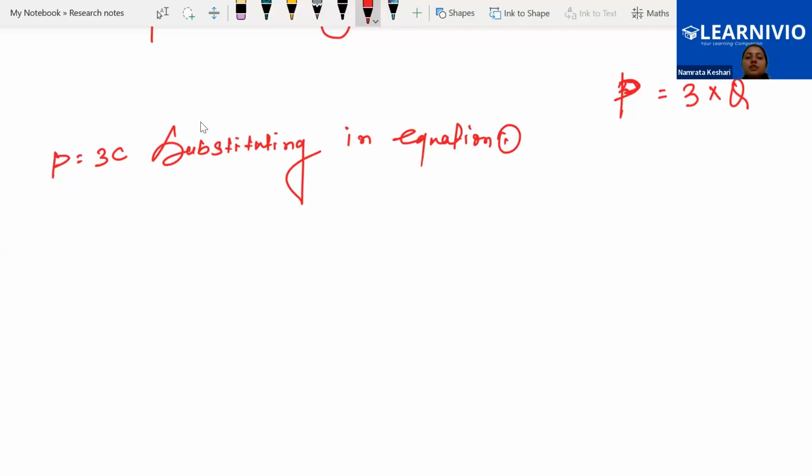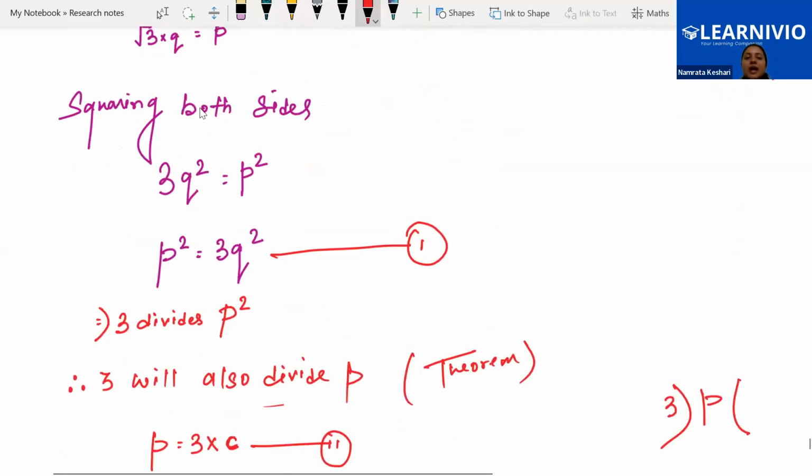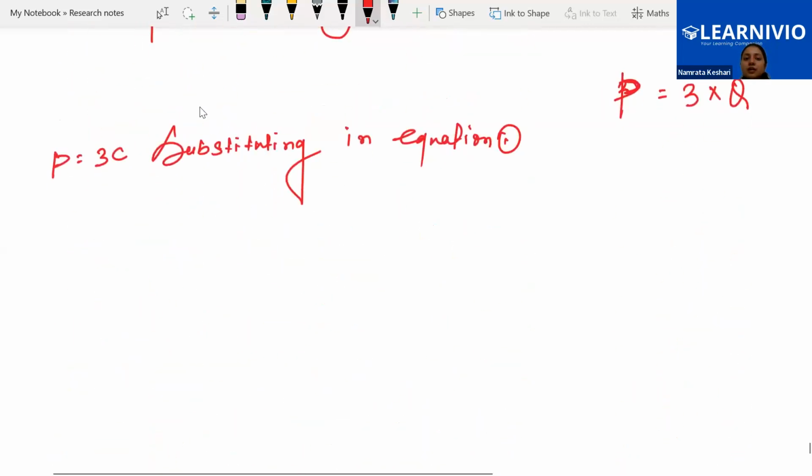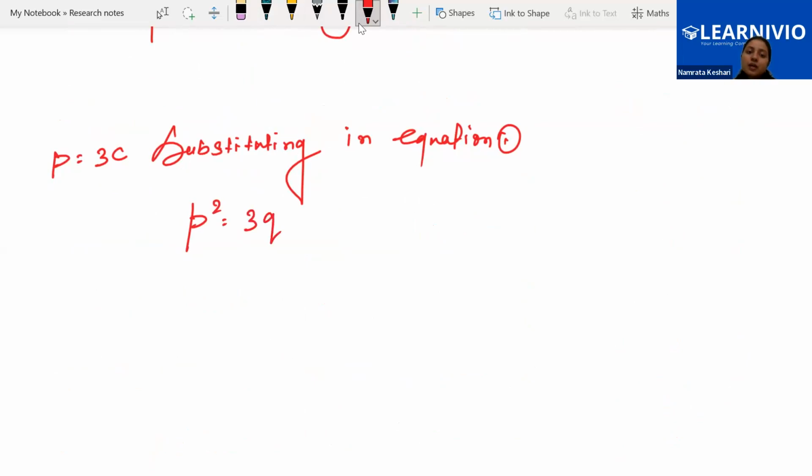What was our equation number 1? P square is equal to 3Q square. Here we are going to put this P, that is 3C whole square, is equal to 3Q square.